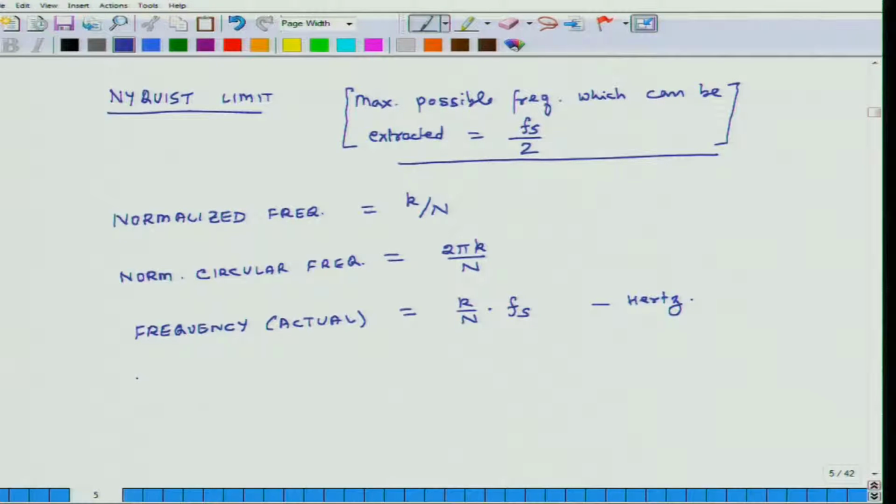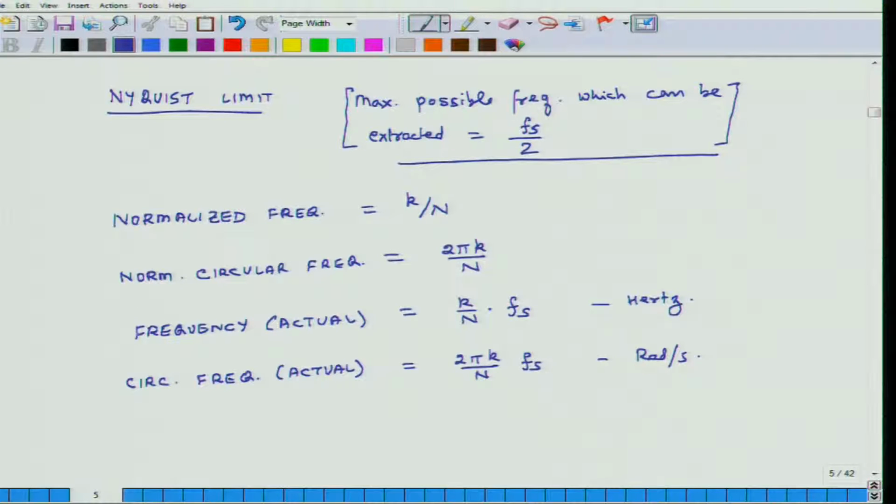And then there is the circular frequency, and this is also actual, and this is 2 pi k over N times Fs. Okay. So, this will be in radians per second.